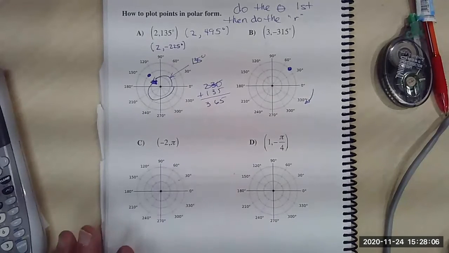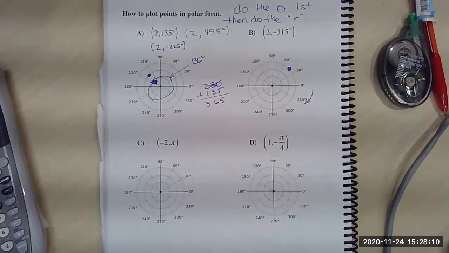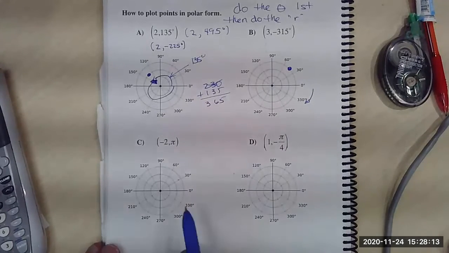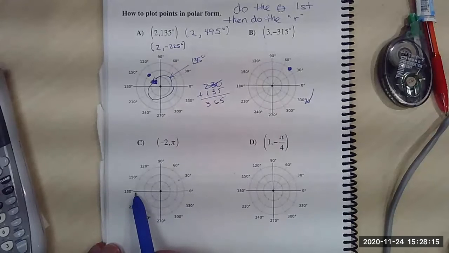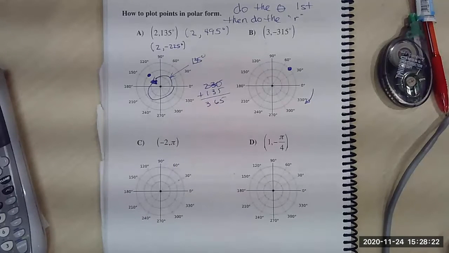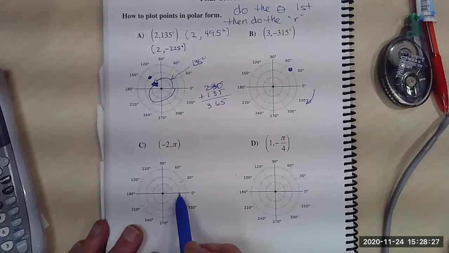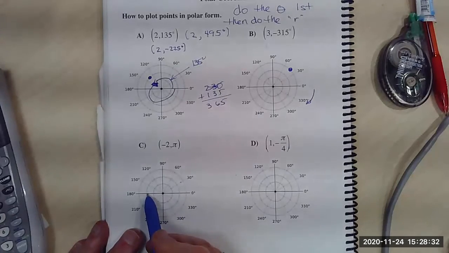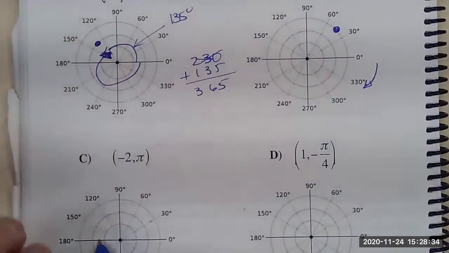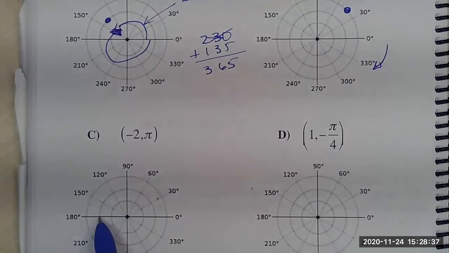Negative 2, pi. Okay, so pi is a radian, but you know how to do radians. Do the angle first. So where's pi going to land you? It's going to land you on the x-axis, but over on this side. Oh, now you've got the negative 2. What does negative 2 do? It's the second part. You do the angle first. Right now I know it's 2, so I would feel like I want to put a dot right there. Don't do it. That would be 2 comma pi.